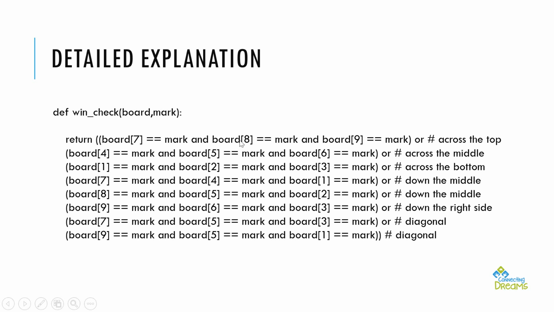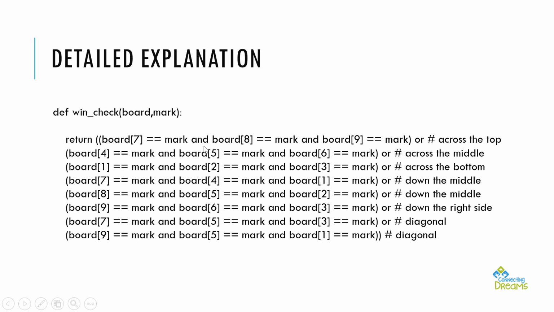If you notice carefully, it is going to return if board 7 equals mark and board 8 equals mark and board 9 equals mark, that is, if we have the same mark in all of these three locations, then it is horizontally matched and it will declare that someone is the winner.